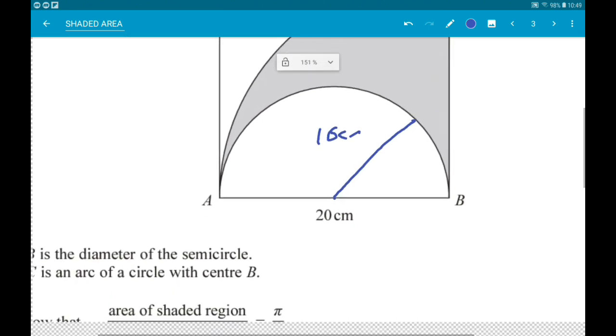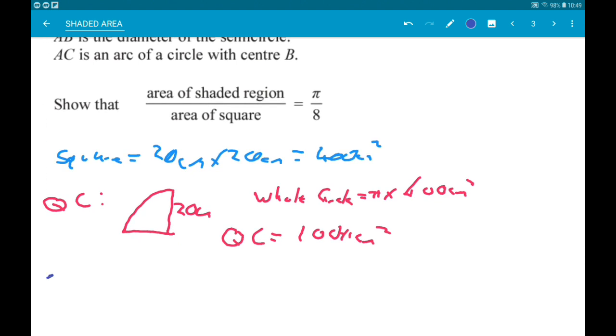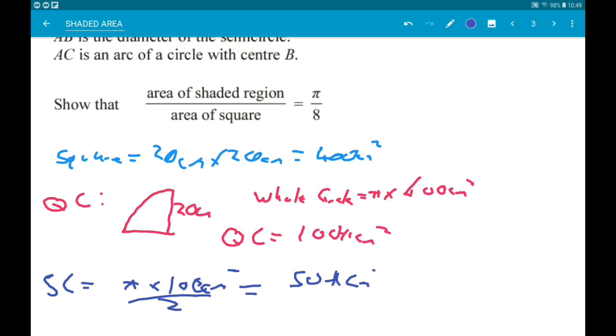So the semicircle is going to be pi times 10 centimeters squared over 2. So that's pi times 100 centimeters squared all over 2. So that is 50 pi centimeters squared.